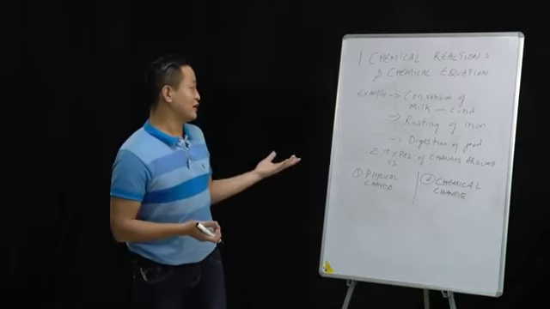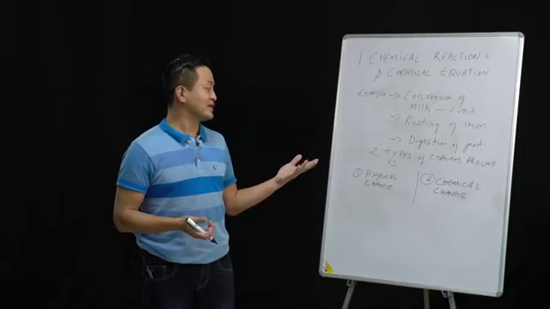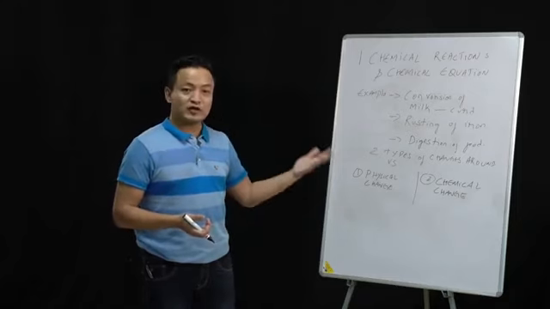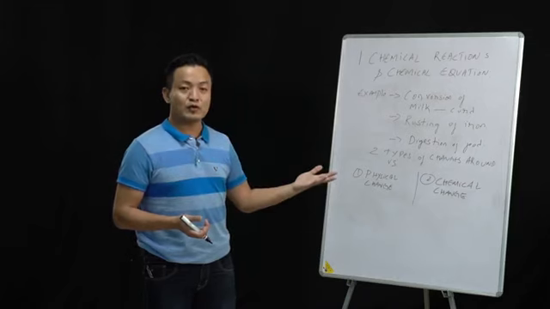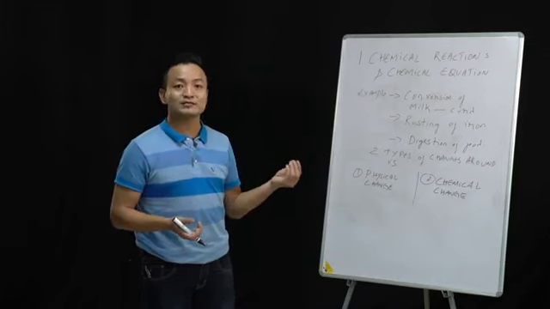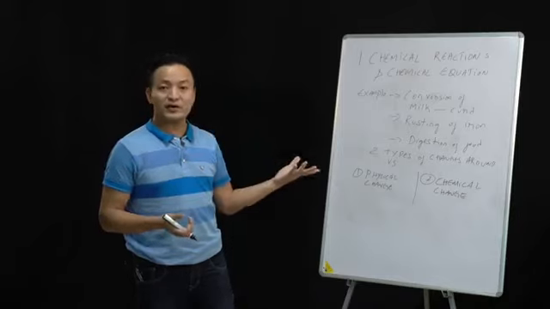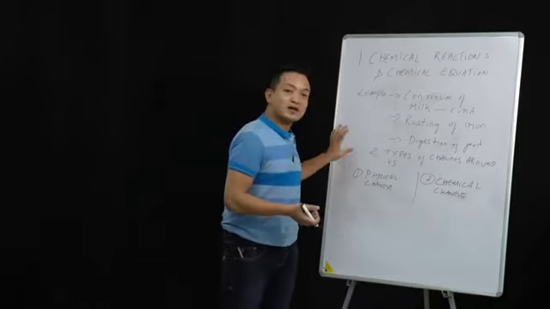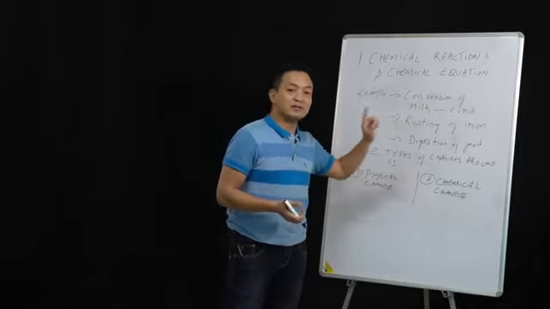So in that case we'll say that a chemical change has taken place, because now it's not a paper anymore, it's a white powdery form that is remaining. So that will fall under a chemical change. I'm sure you are clear with a physical change and a chemical change.